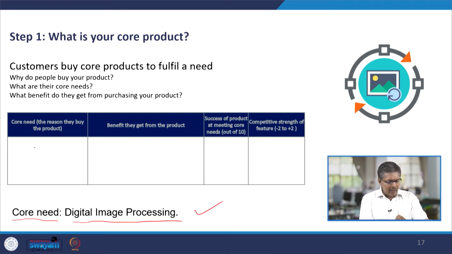If you are a manager or somebody, what you can do is write down your points, the benefit they get from the product, and the success of the product at meeting these core needs. So, how would you rate the success? That is a judgmental thing.